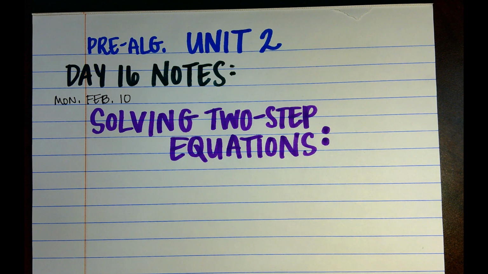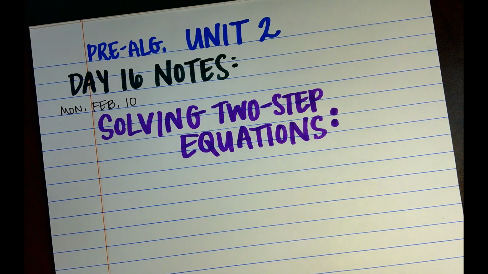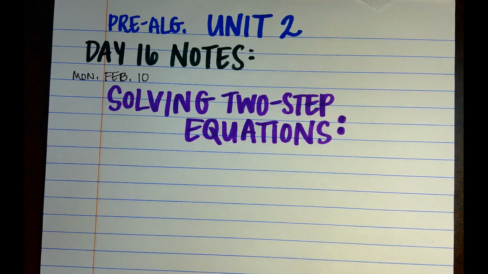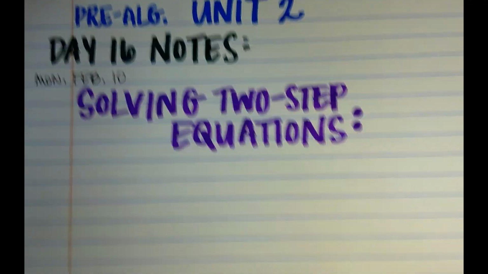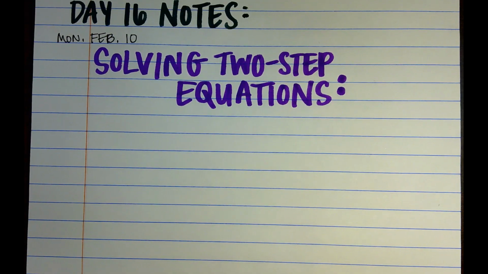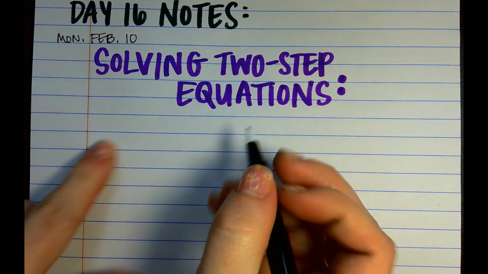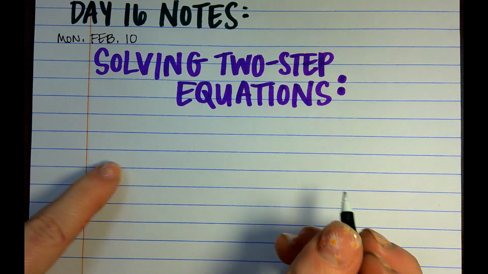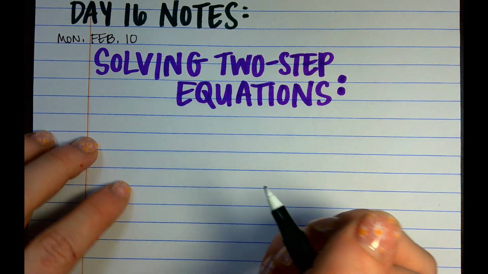So, for example, let's say I give you 2x plus 7 equals 17.